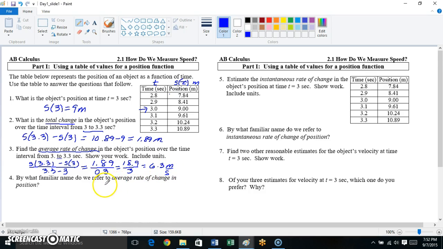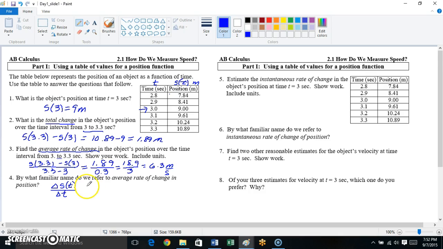All right, you may recognize that calculation as a change in position over change in time, or change in y value over change in x value, right?